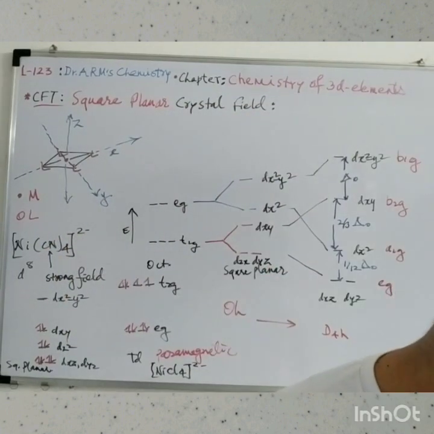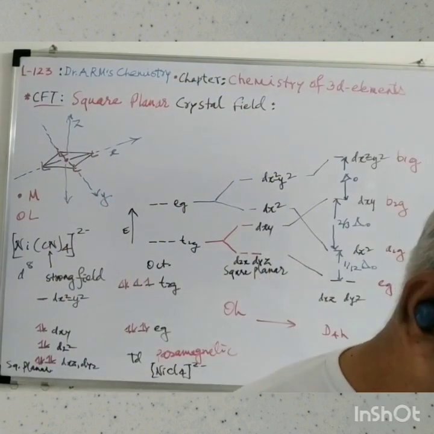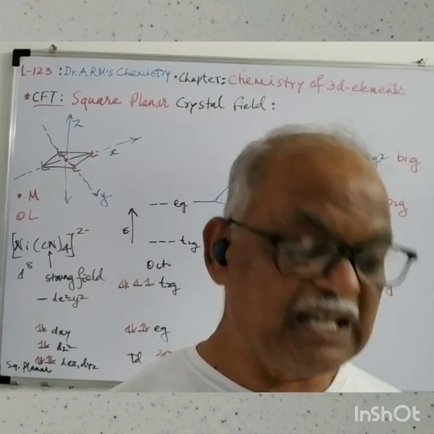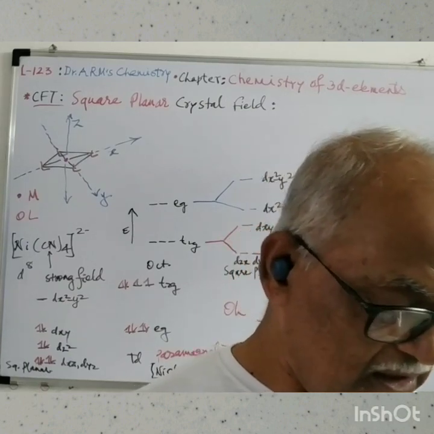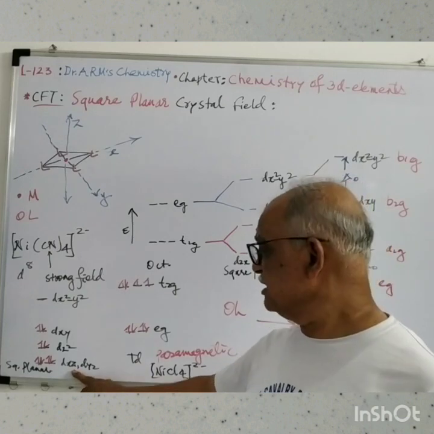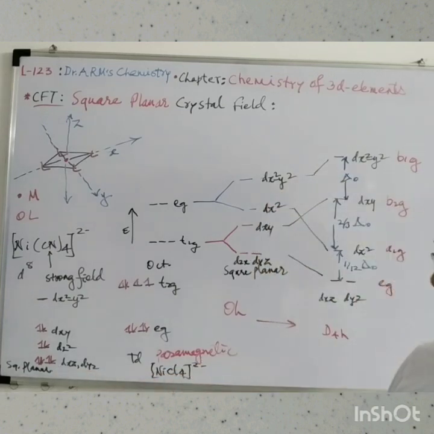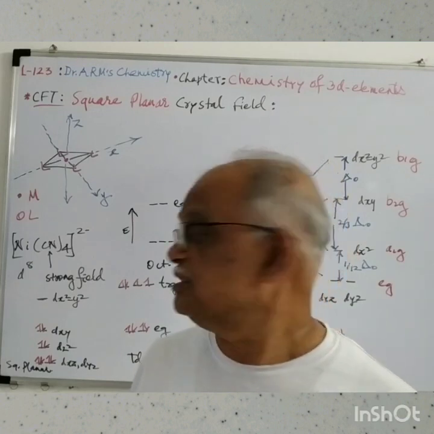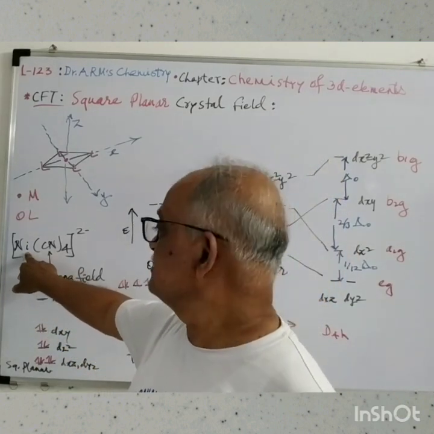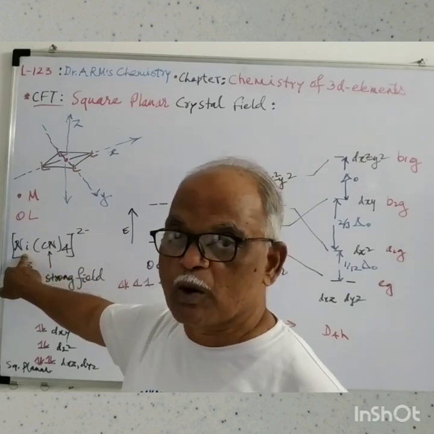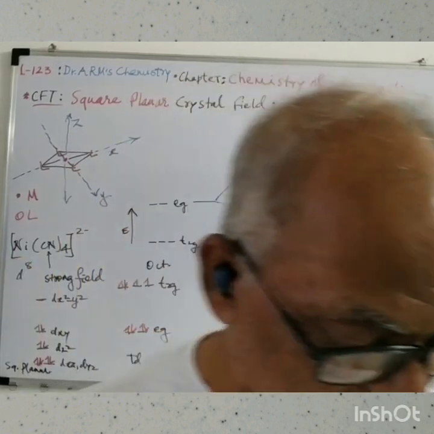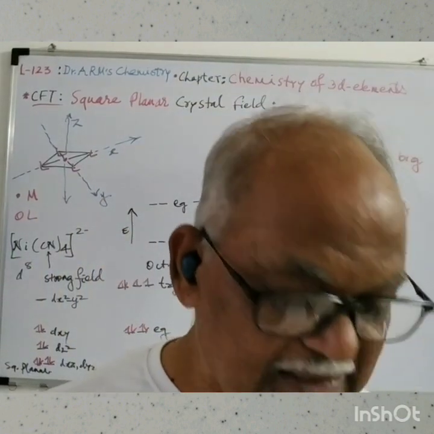So the square planar and tetrahedral structures can be experimentally compared using these examples, taking d8 configuration from the first row of transition elements, then second row, third row. In this way, these examples can be illustrated.